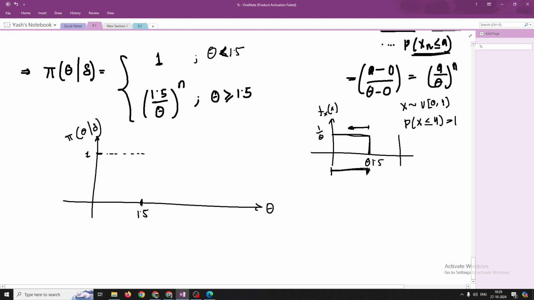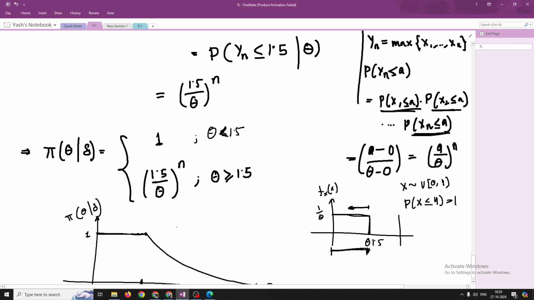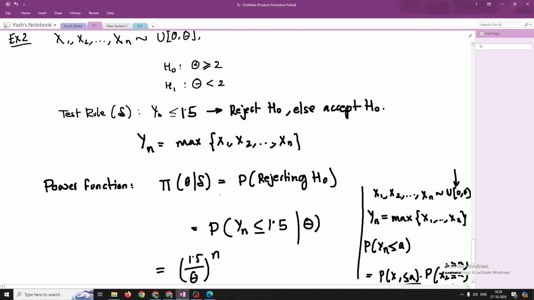Till 1.5 we have a straight line, so the value of the power function is just 1, and then it starts to decline, because as theta increases, this ratio falls. It starts from 1. So when theta is equal to 1.5, this thing is actually 1, and then after this point it will just start to fall. So this is the plot of the power function.